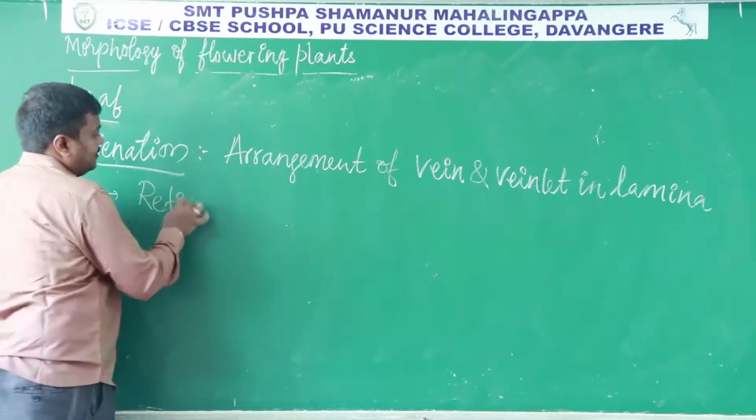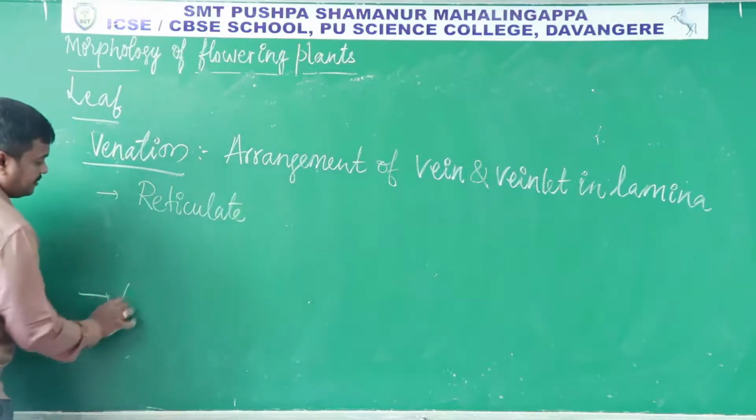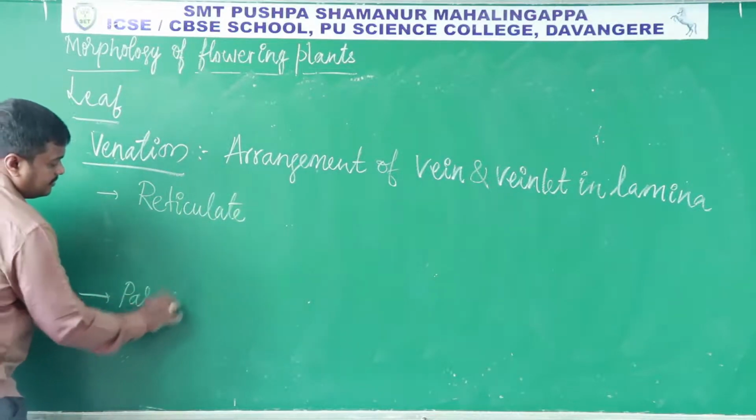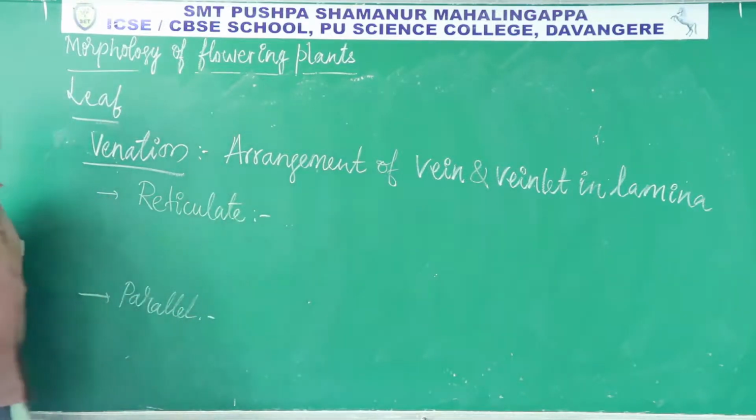Reticulate venation and parallel venation. Two types of venations were there.